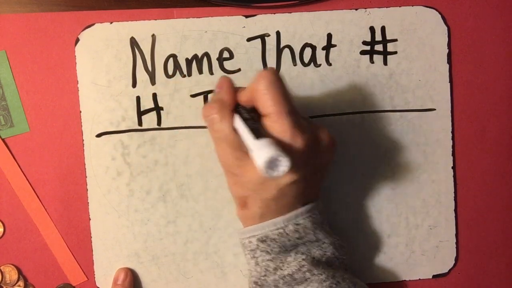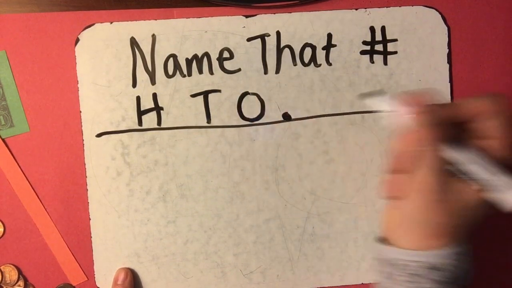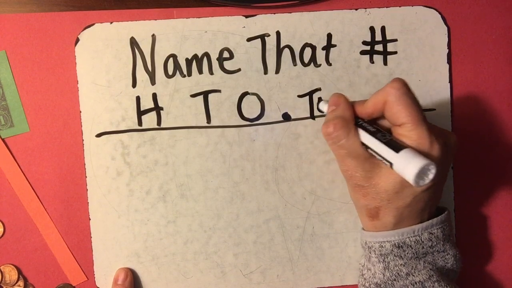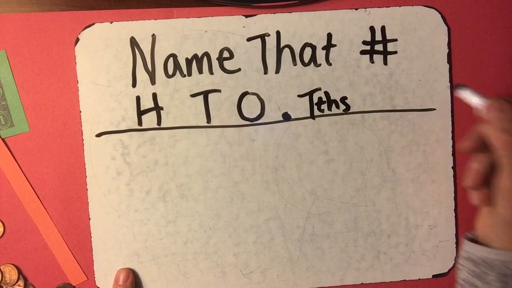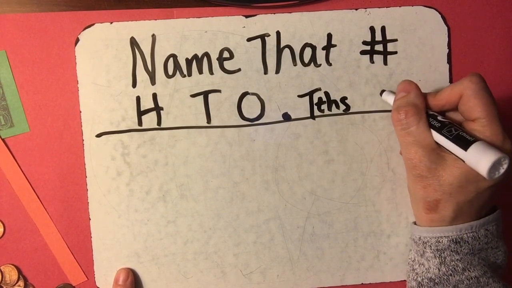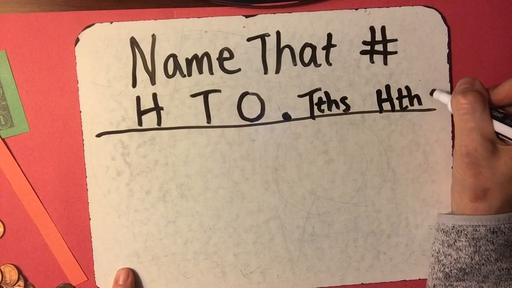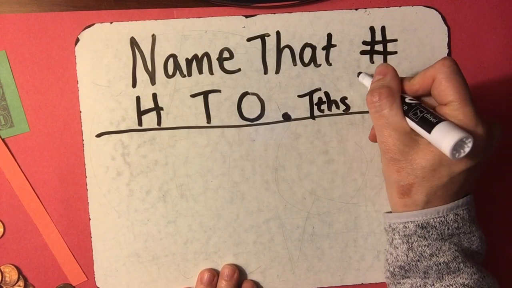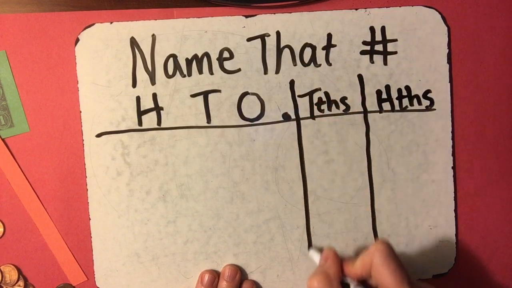So we're going to write hundreds, tens, and ones, decimal point. And then we're going to write tenths, and I'm going to put a THS there so we know that we're thinking about tenths, and then hundredths, THS. That'll just make it really clear as we're reading it what we're talking about. Okay, so then we can go ahead and make columns.